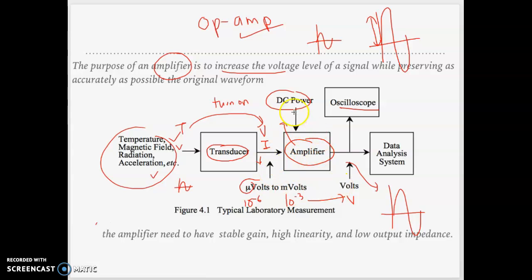The op-amp or amplifier plays a big role here, since the output of your sensor is a very small voltage. Your amplifier needs to have a very stable gain, high linearity, and low output impedance.